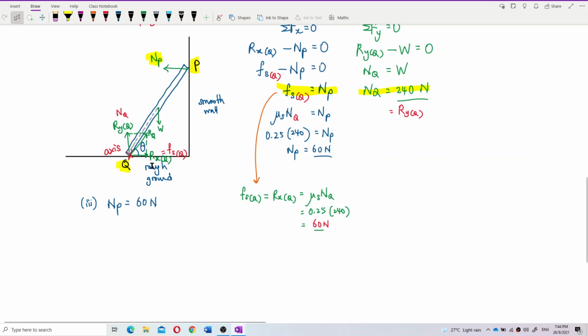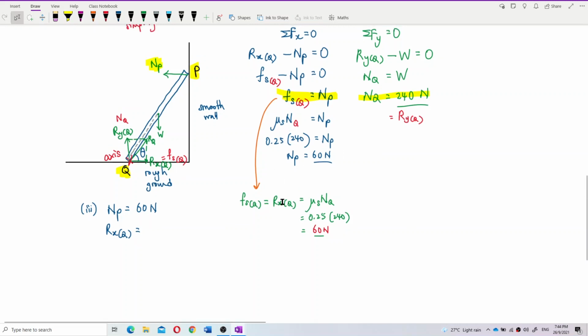And then for the reaction x for Q, the reaction x for Q is actually the friction. We found out the friction is also the normal force for P, so this is also 60 Newton.